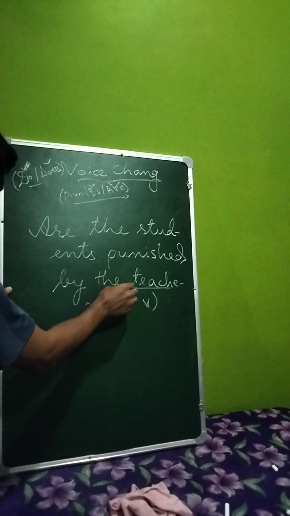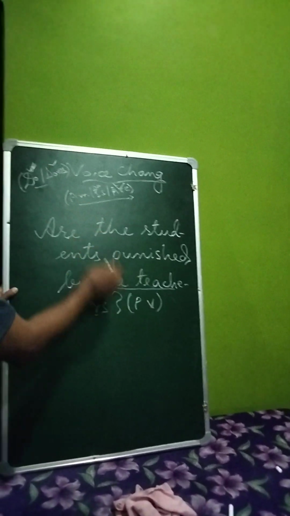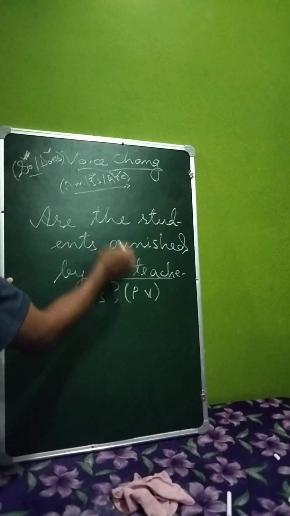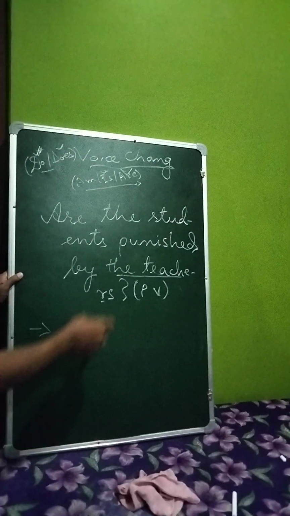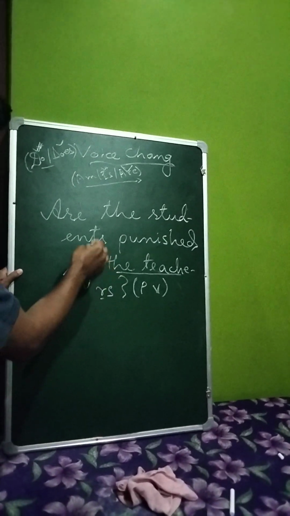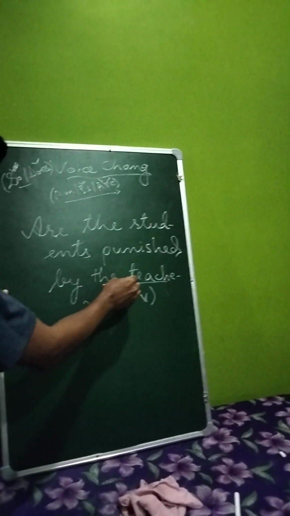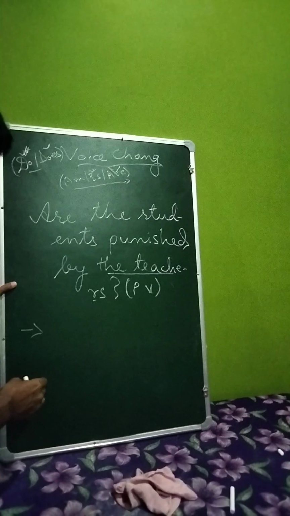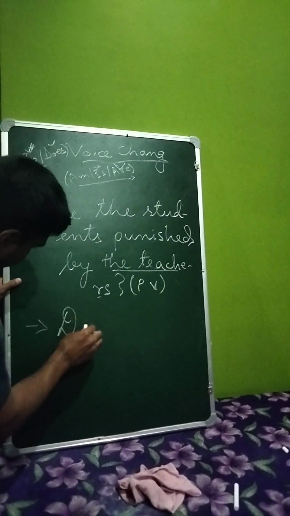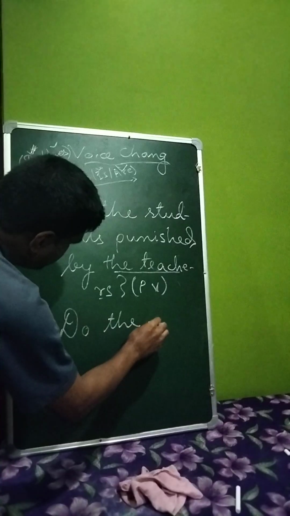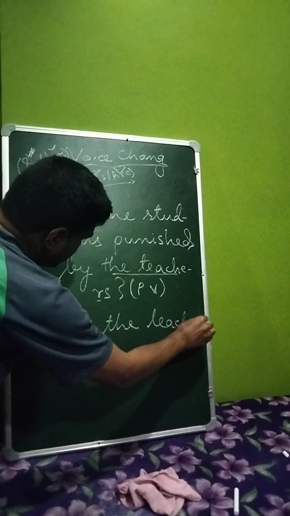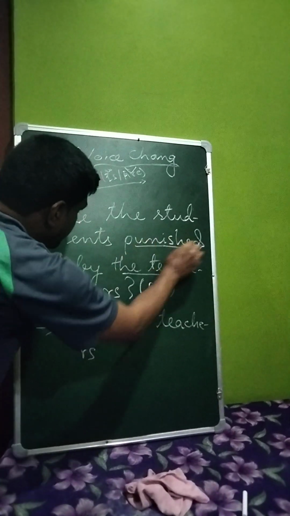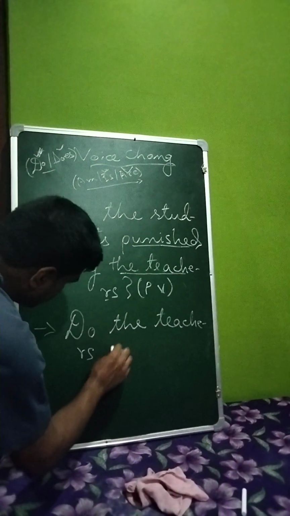So in case of plural number and third person, you have to think, in case of plural number do will be used, and in case of singular does will be used, and number may vary also. Here the teachers is the object, its number is plural and its person is third, so we have to write do here. Do the teachers punish. It is verb 3, so you have to make it into verb 1, punish.